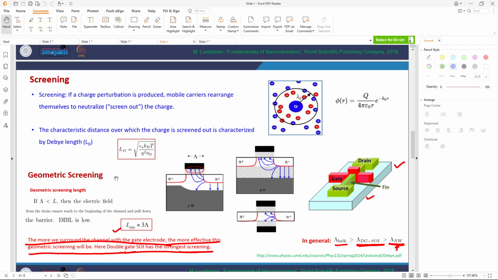Typically when we introduce an external charge or create a charge perturbation, the charges present in the material will quickly reorient themselves to prevent the effect of the perturbation. Essentially, the material will respond to oppose that perturbation.